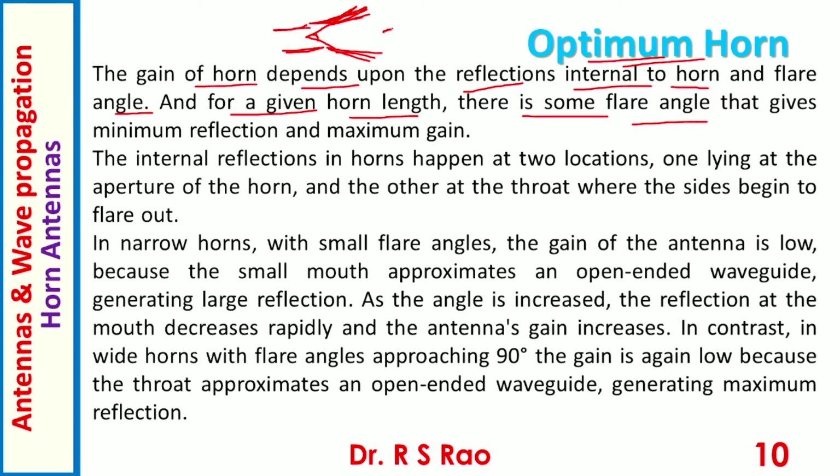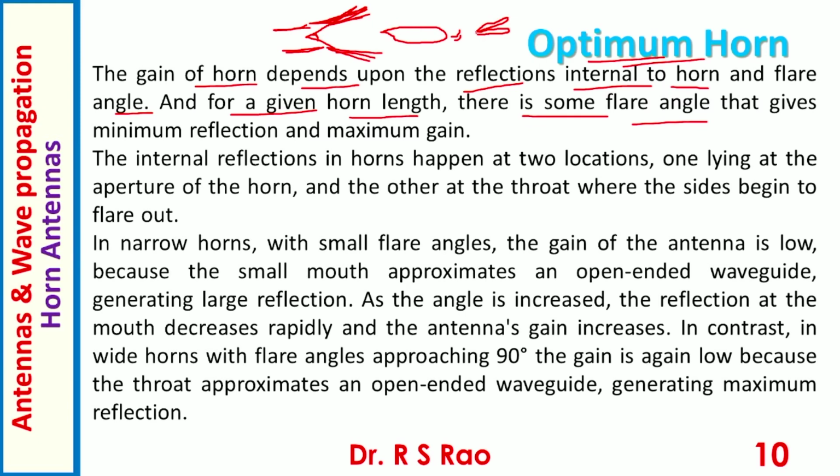What happens is this kind of pattern exists. When the flare is made large, increased further and further, a point is reached where this single beam gets split into two beams like this. One beam, another beam.